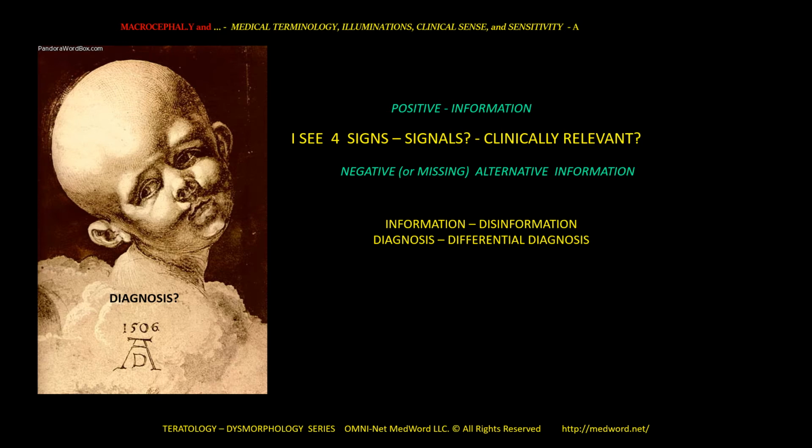And I should be honest enough to say, yes, I think this is so, but so and so is against such a hypothesis. So there is negative information, or information that is not there at all, is missing. Alternative information. Therefore, there is a balance between information and disinformation.